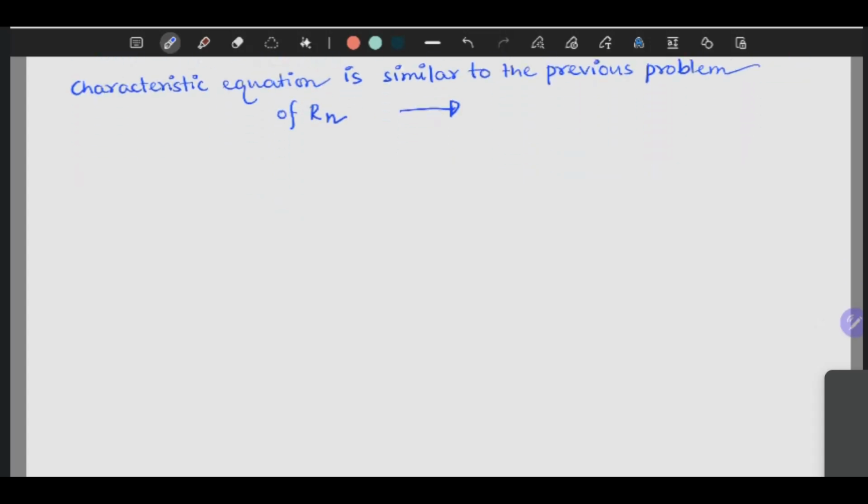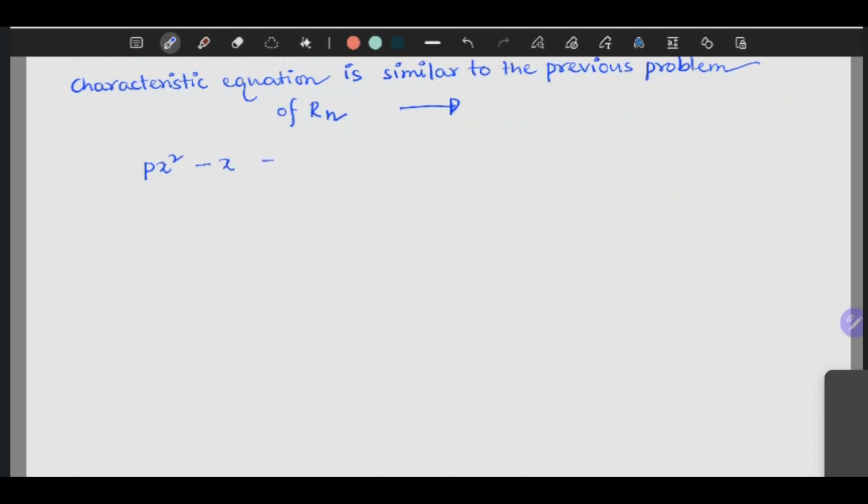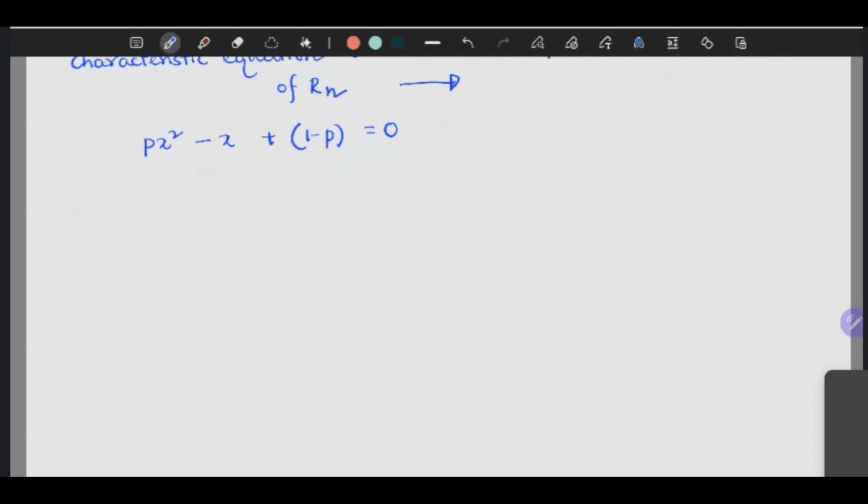From here we can write p x square minus x plus (1 minus p) is equal to 0, and we have already determined the roots. So x was (1 minus p) by p and 1.